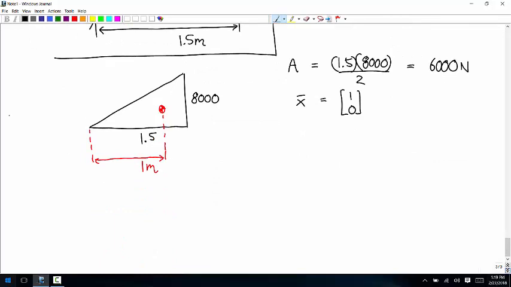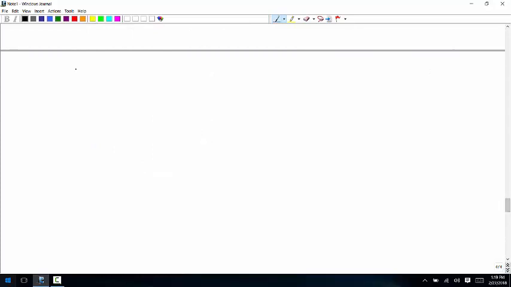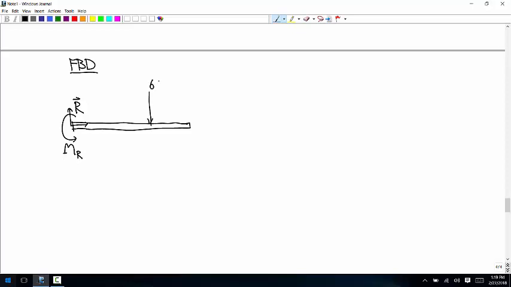And now, free body diagram. At the wall, we have a force vector, R, and a couple MR. And then we have a downward force of 6,000 that's produced by that distributed load.